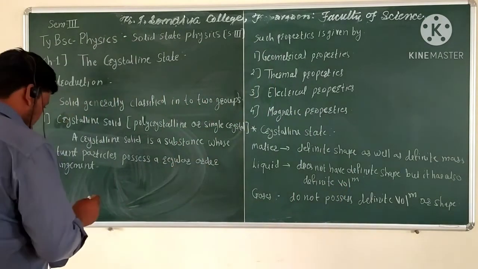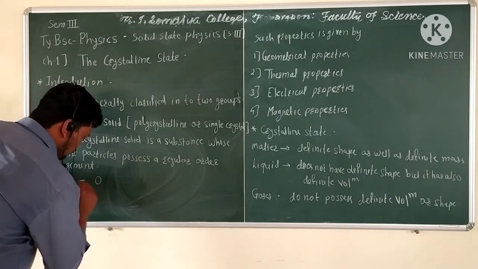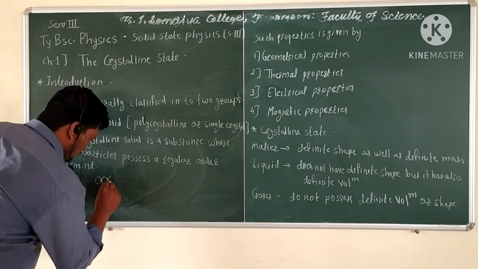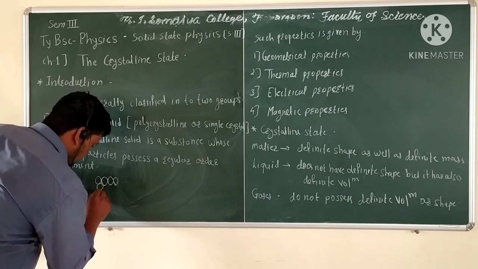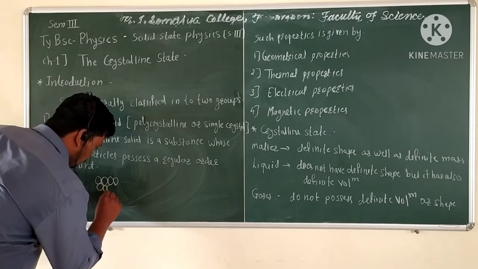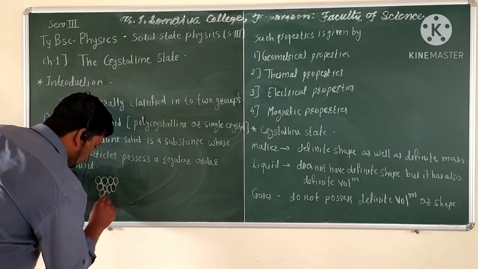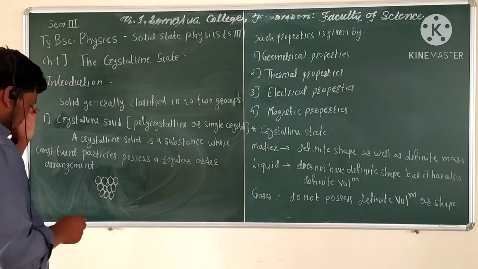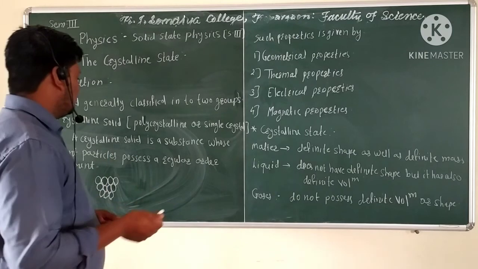So what is meant by closely packed structure? For example, consider this material, these materials are closely packed, with no large distance between the voids of the two or more structures of the matter. That is known as the crystalline solid.